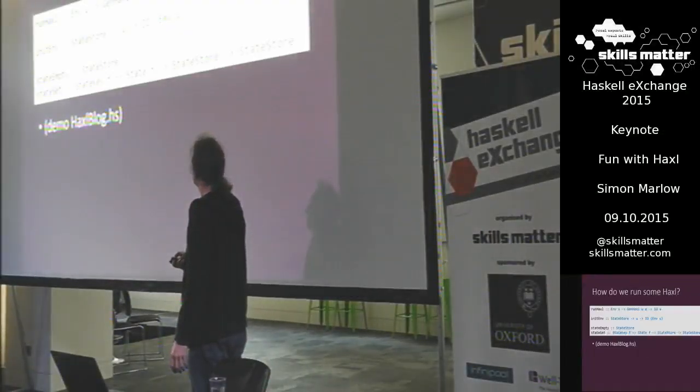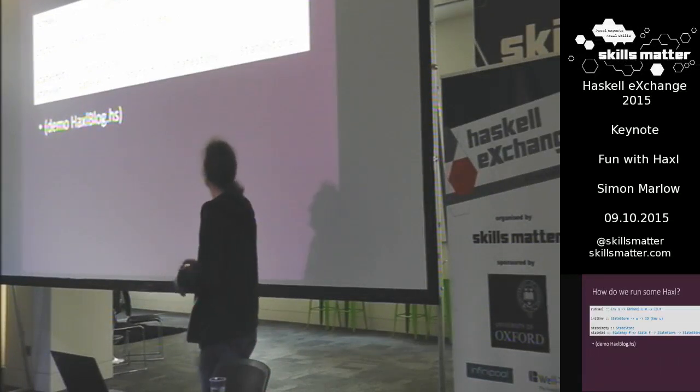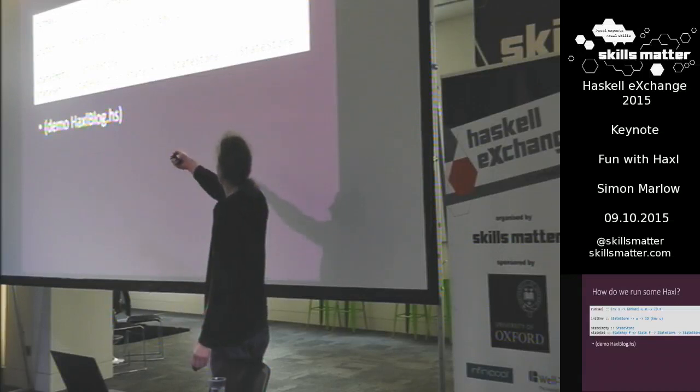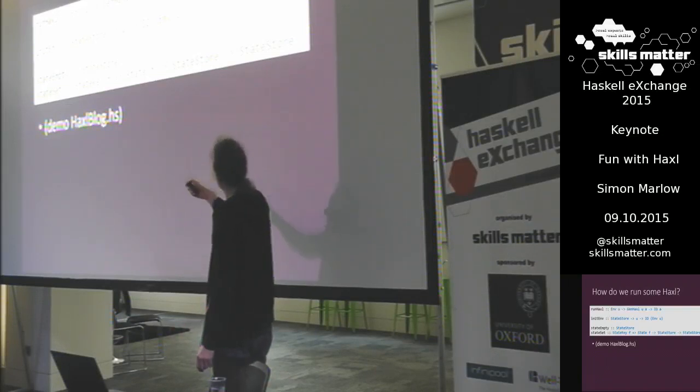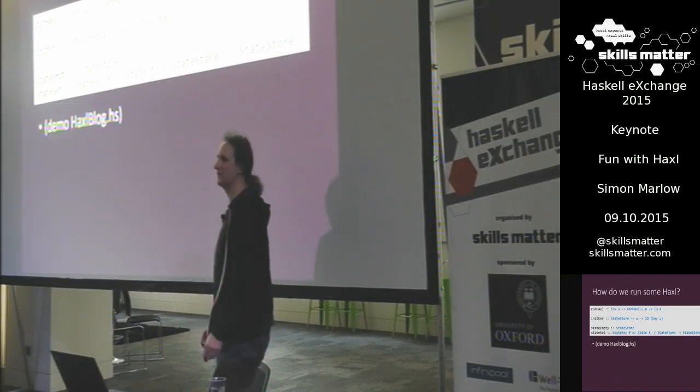All right. So I've shown you how to make a data source. How do you fit this together and actually run something from scratch? So there's a runHaxl operation. This takes a thing called an env. And to make an env, we need to call initEnv. InitEnv takes a state store and the u thing, which we're not using, and returns an env. And to make a state store, well, we can construct a state store from the states for various data sources.